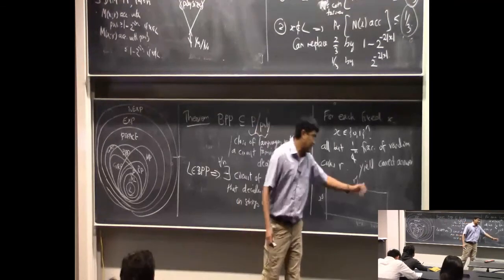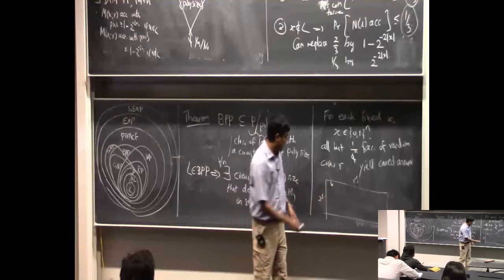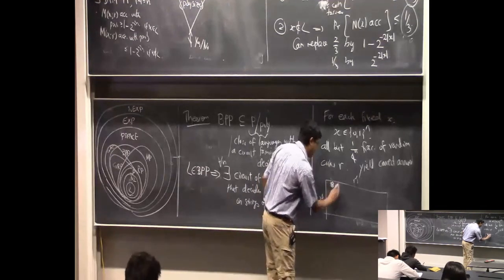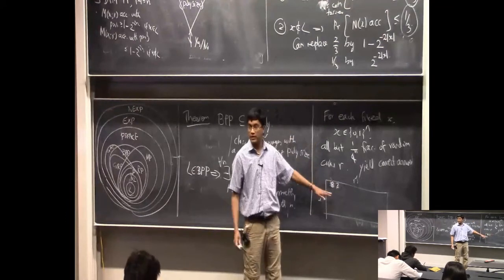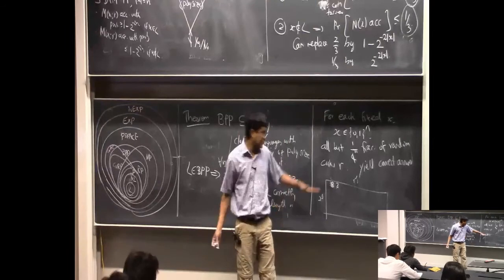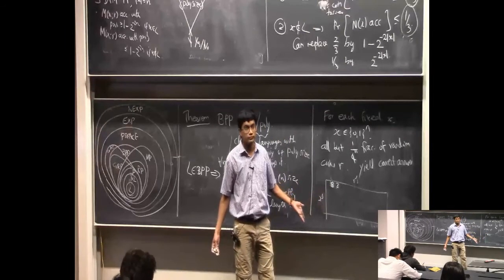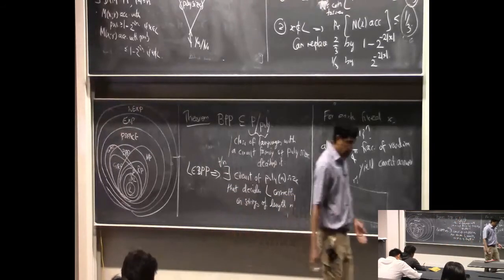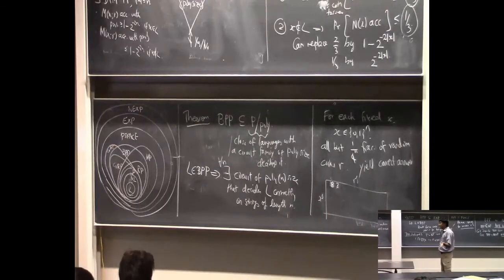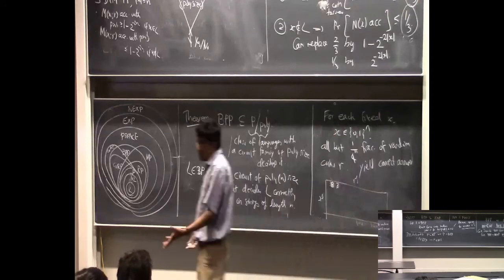So the fraction of R's which are bad for some x is at most 2 to the n times 1/4 to the n. You simply sum up the bad ones in every row, and there are only 2 to the n rows. Which means that an overwhelming fraction of R's are in fact simultaneously good for all x, because the number of x's is much smaller.